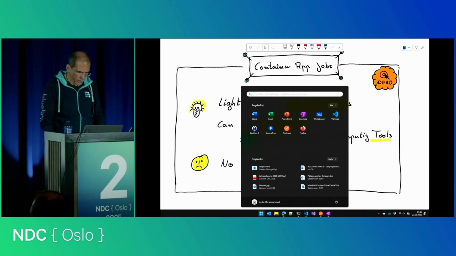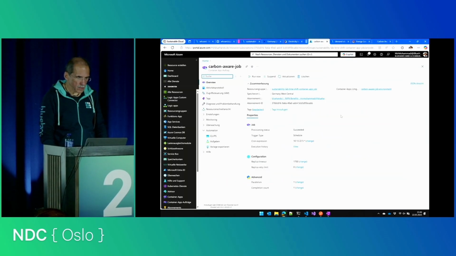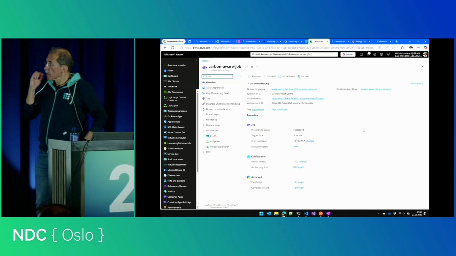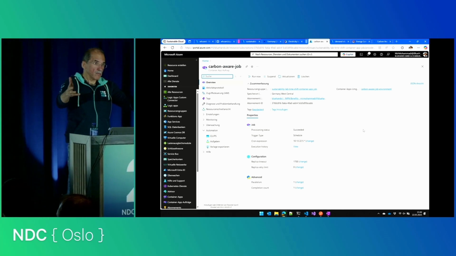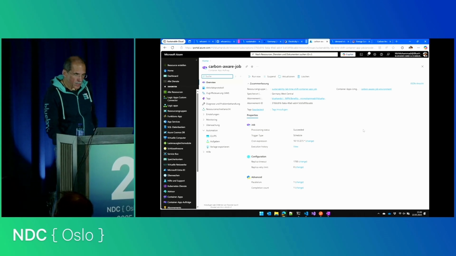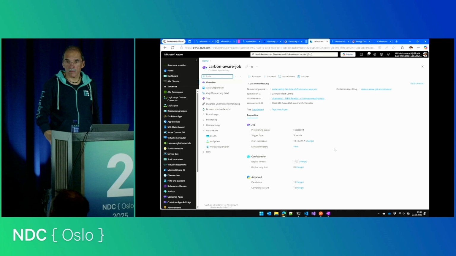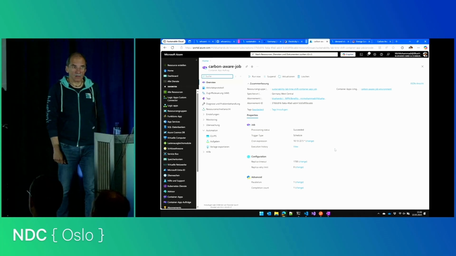You know container app jobs? You provide a Docker container into Azure, and then you can schedule it with a cron expression, for example, or run it manually.